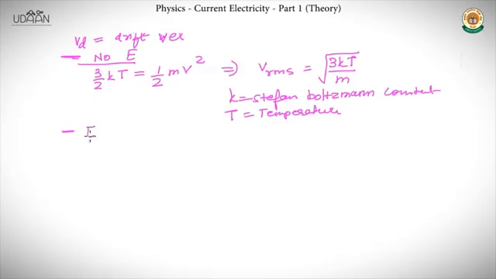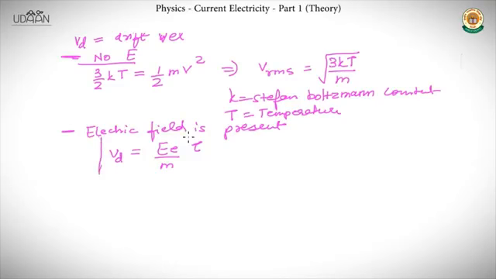Now, if an electric field is present, then what will happen? The drift velocity of the electrons or the charges will be given by E into e, small e, into tau upon m. Here, the symbols are important. Capital E is the magnitude of the electric field.